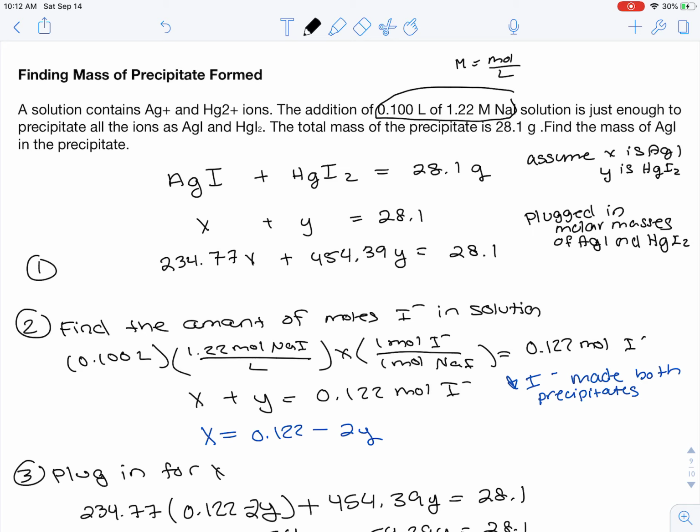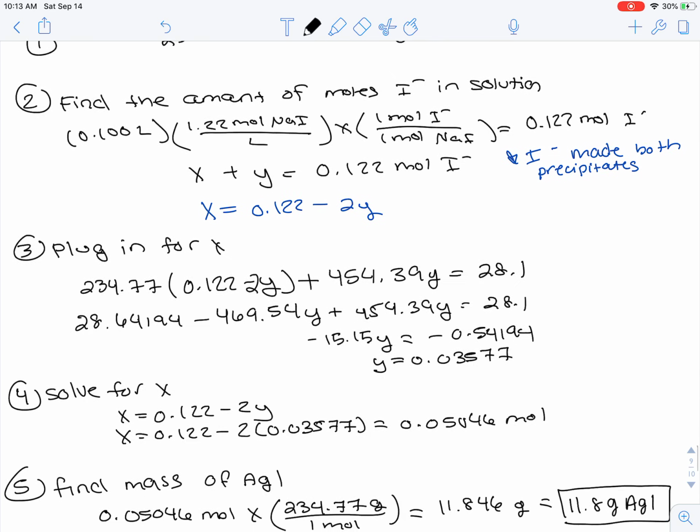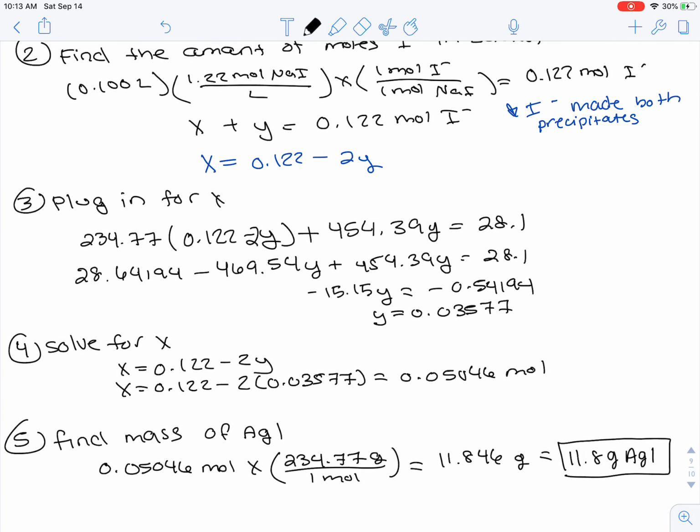Then knew that, since I have this many moles of iodide, and I have 2 moles of iodide in the reaction for mercury, 1 mole for silver, X plus 2Y will be this many total moles of iodide in my reaction that helped form my precipitates. Isolated for a variable, and then it just becomes back to algebra and plugging it into my mass equation from above. Solved for my Y, plugged that back into X because I cared about silver, and then found the moles of silver iodide, used the molar mass to find the grams.